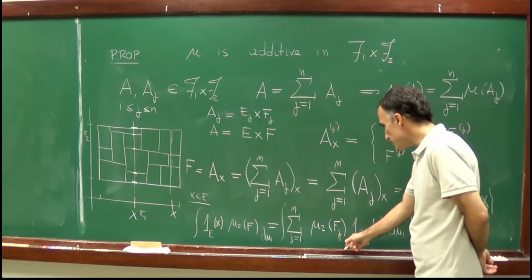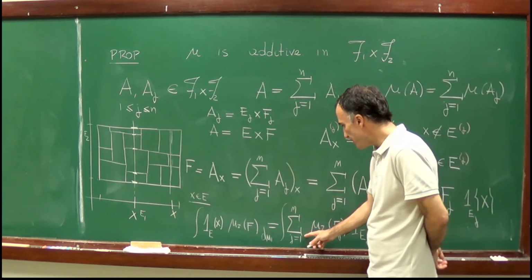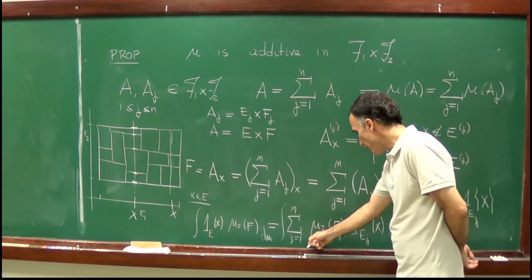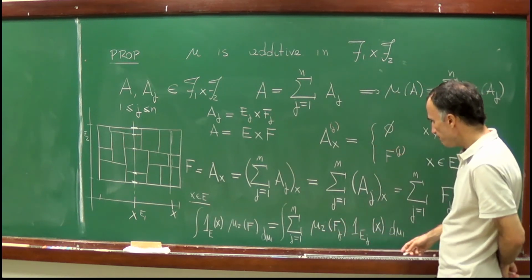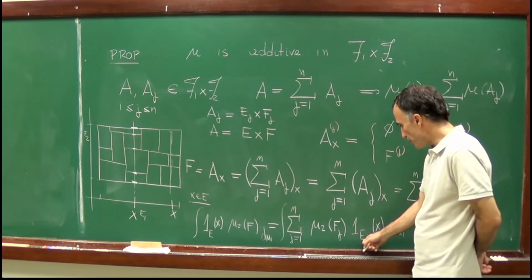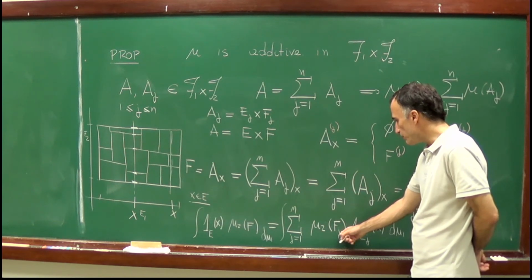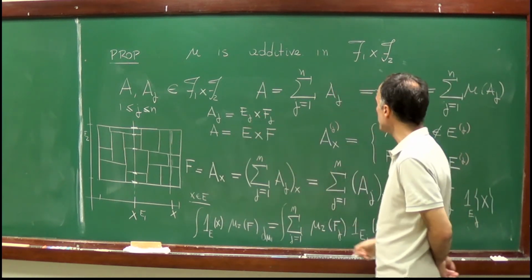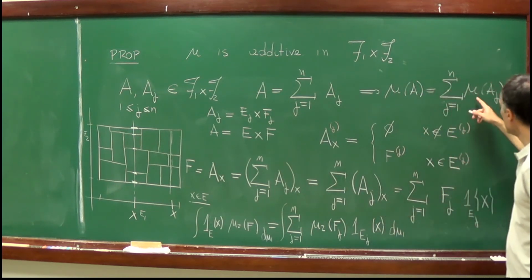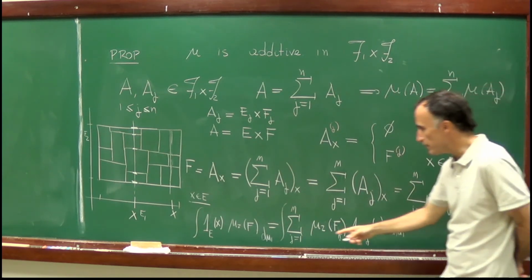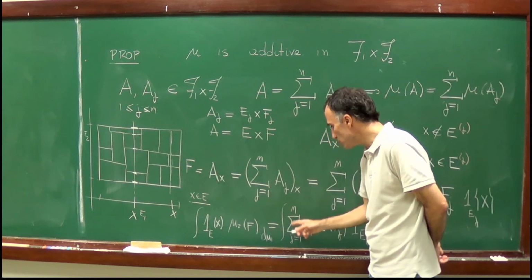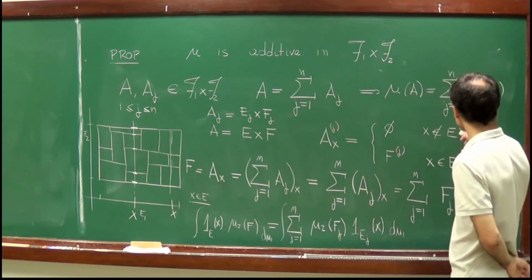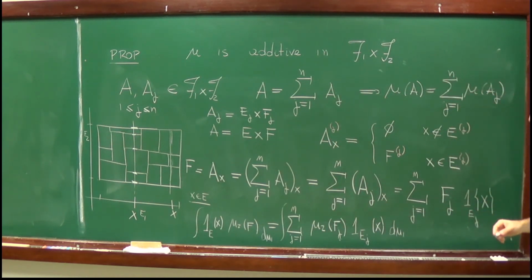And on the right-hand side, we have by linearity a sum, and what do we have here? Again, mu1 of E_j times mu2 of F_j, but since A_j is E_j times F_j, this is just mu of A_j. So we have that mu of A is equal to the sum of mu of A_j, which is exactly what we claimed.